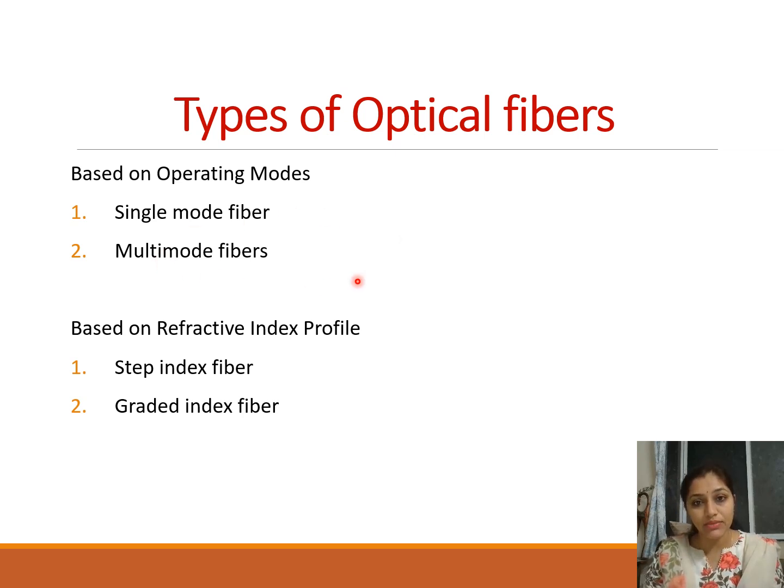Whereas in multi-mode fiber, multiple rays can travel or multiple wavelengths can travel. Then based on refractive index profile, as we can use either glass or plastic material for core and cladding, that material has some refractive index. So whether the refractive index profile is step index or graded index, based on that again they are divided.